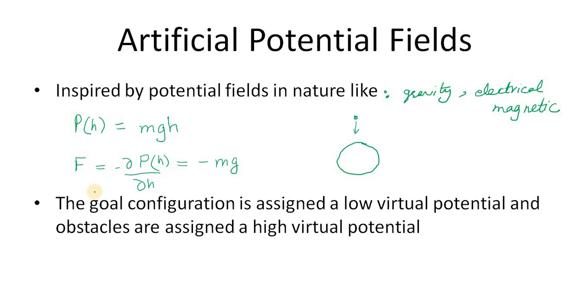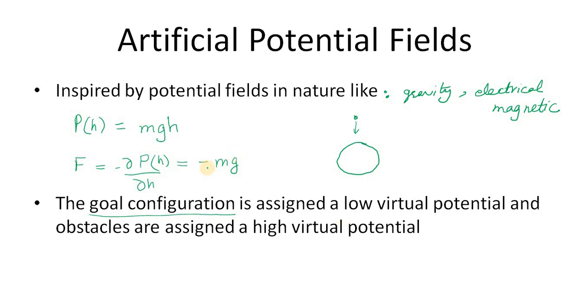So here we define that the goal configuration, your destination, is assigned a low virtual potential, and obstacles are assigned a high virtual potential. This is how we create this field, by assigning a virtual potential.